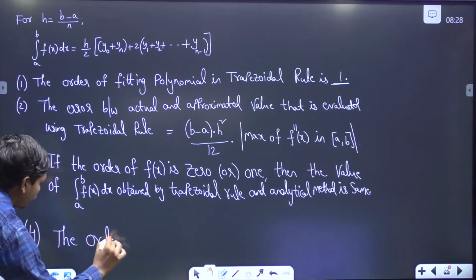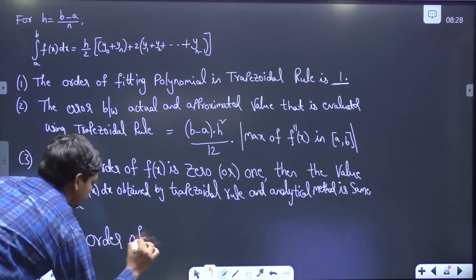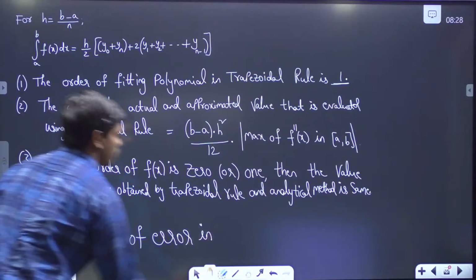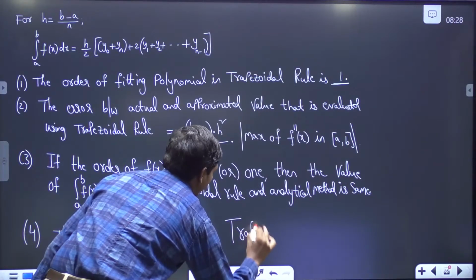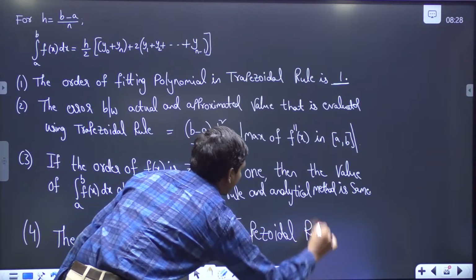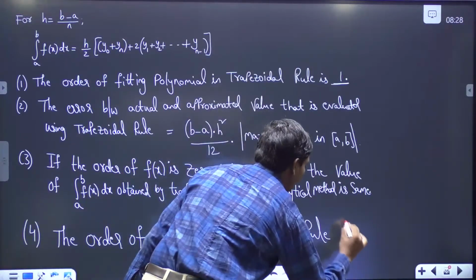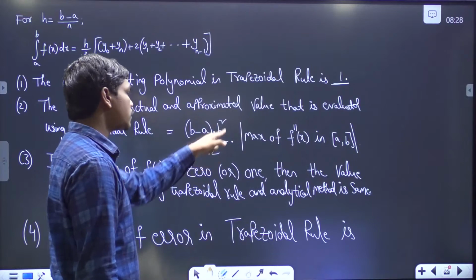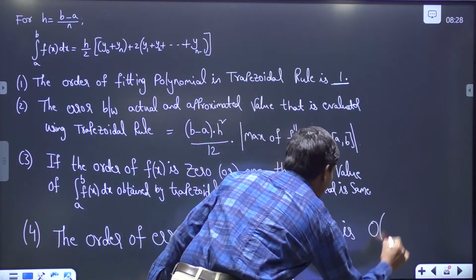The order of error in the trapezoidal rule. You can see, can you say what's the error? It's of order h square.